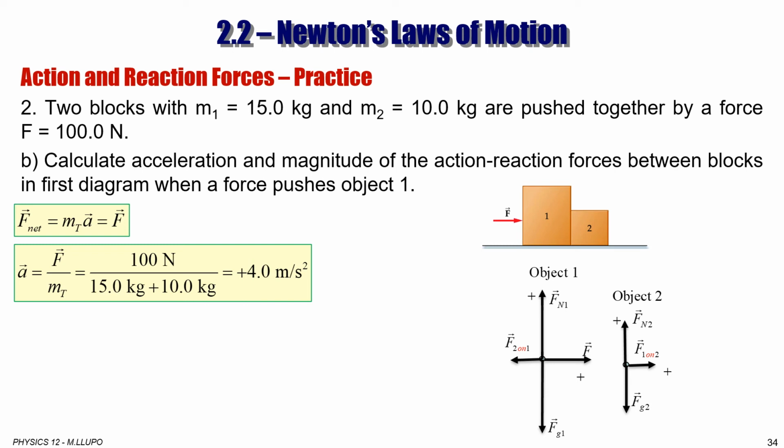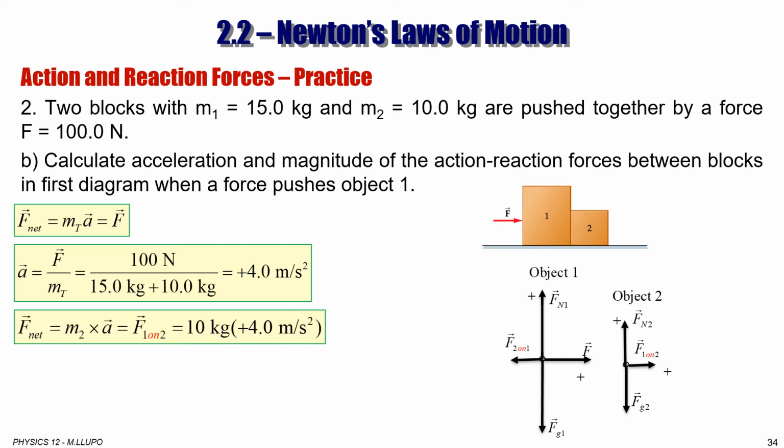And we can use that on object 2 because that's easier, because the only force acting on object 2 horizontally is the force 1 on 2, and we can solve for it. The force 1 on 2 is M2 A, which is 10 kilogram times 4, which is 40 Newton.